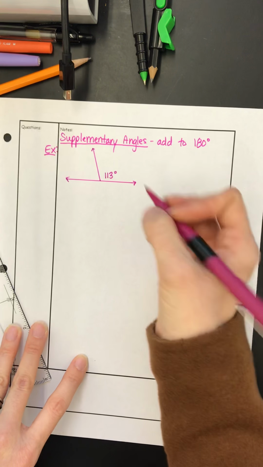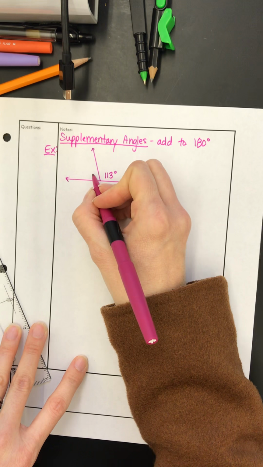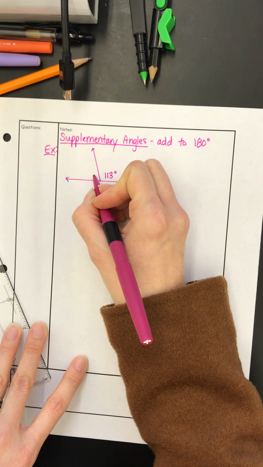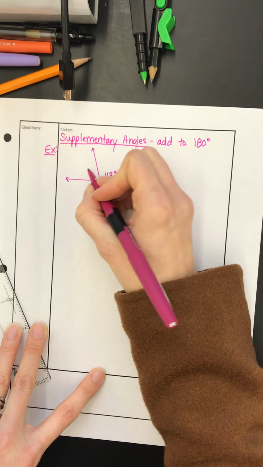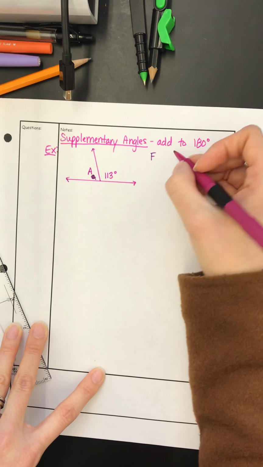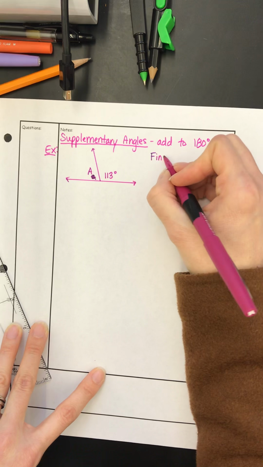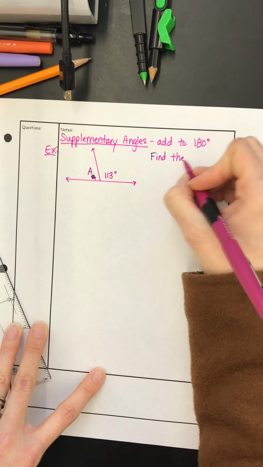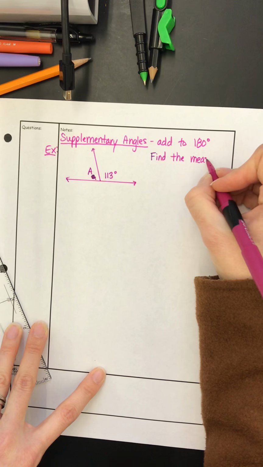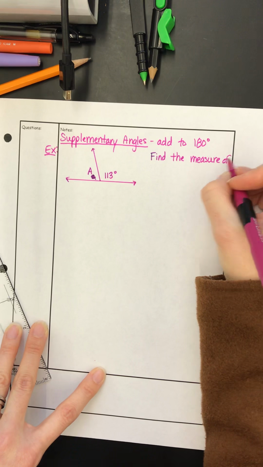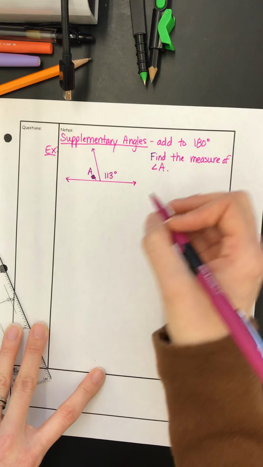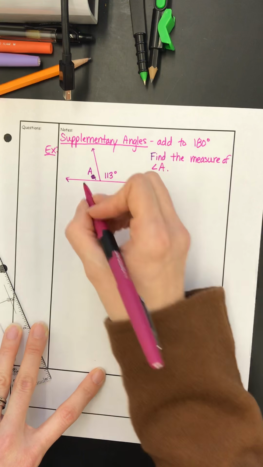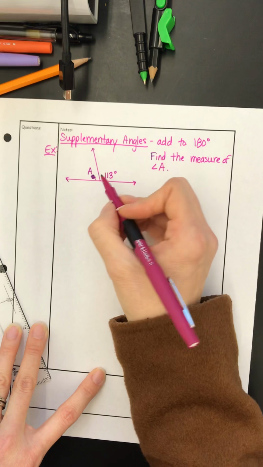Okay, let's say that we would like to find the missing angle A. Actually, we really do want to use capital letters when we're talking about angles, so I'm going to change that to a capital A. So find the measure of angle A. Well, we know that these are going to add up to 180 degrees.